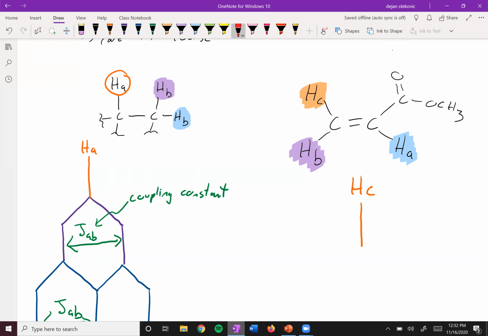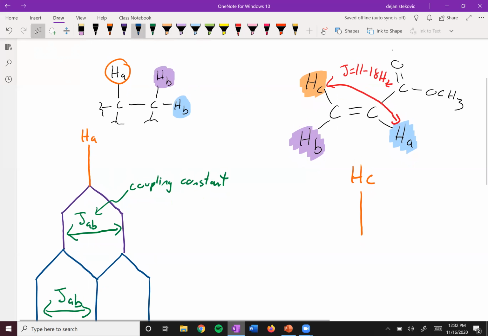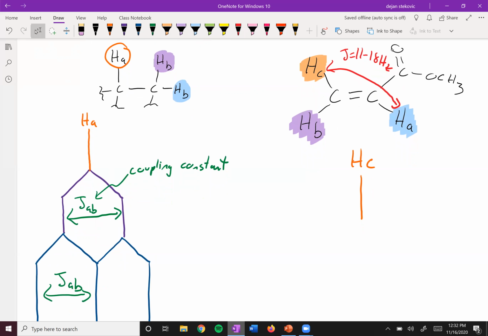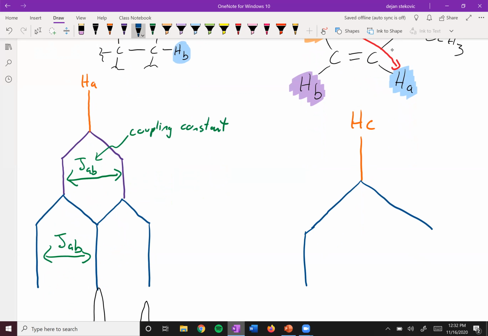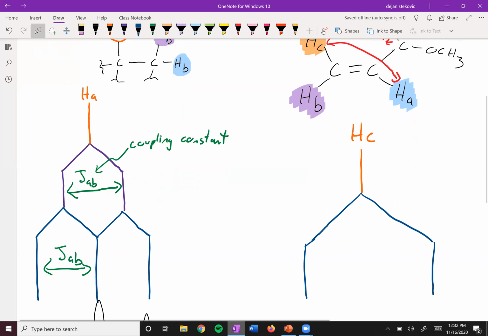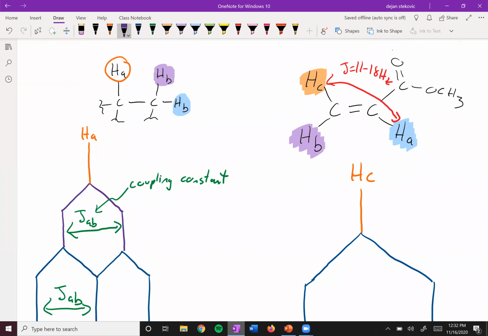However, these are different types of couplings. One is 3 bonds away, one is 2 bonds away, and so their coupling constants will not be the same. For example, between HA and HC, the coupling constant is between 11 and 18 hertz. So HC will be split by HA into a doublet, and then it will continue to get split by HB.